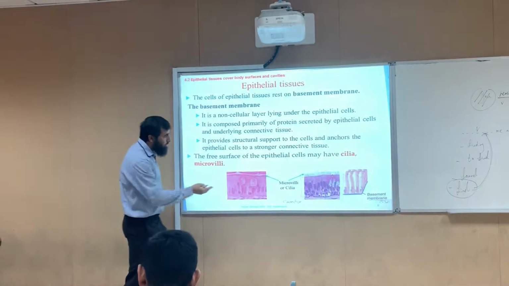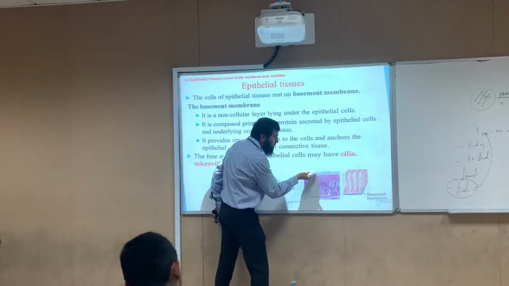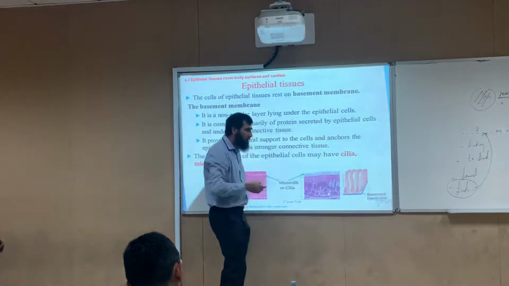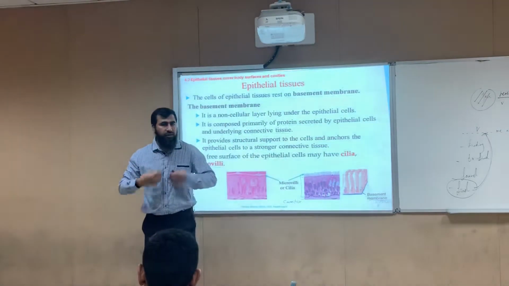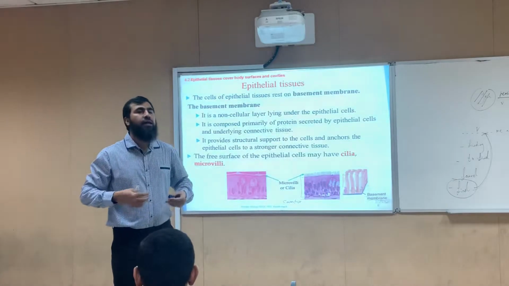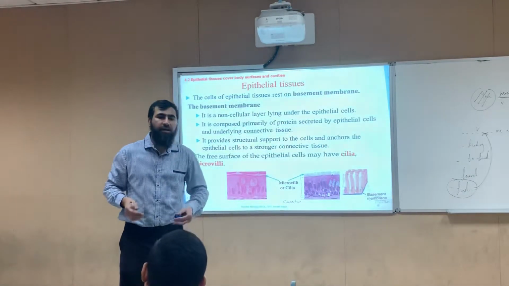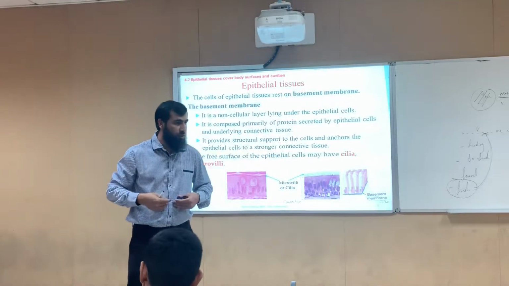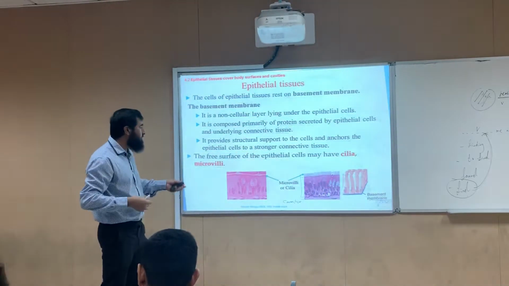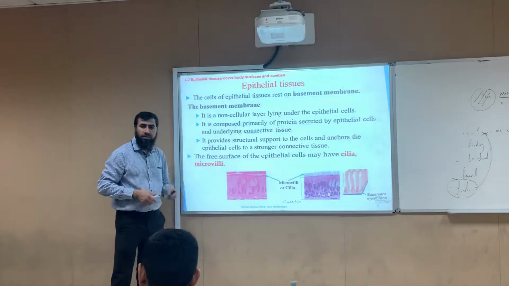So we find the basement membrane here. On this surface, we might find sometimes cilia or microvilli. Cilia in the trachea, the airway. Microvilli we find in the kidney tubules and in the digestive system, in the small intestine. So what do microvilli do? Increase the absorption.